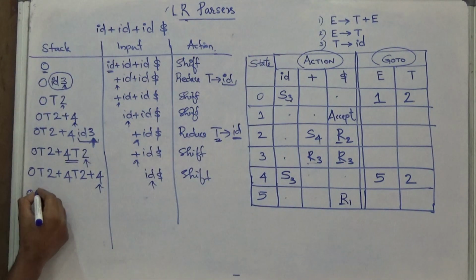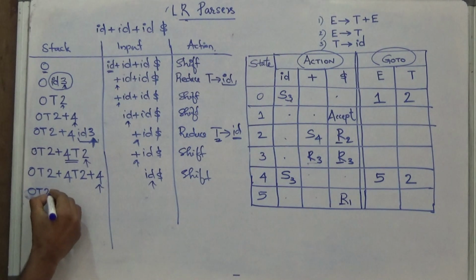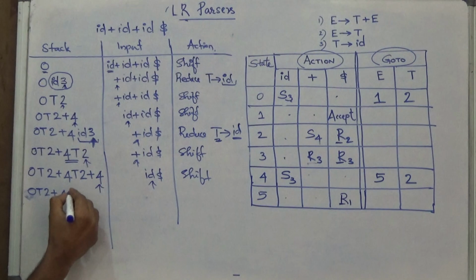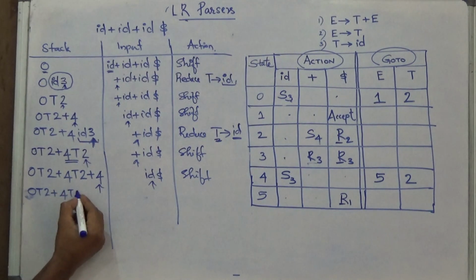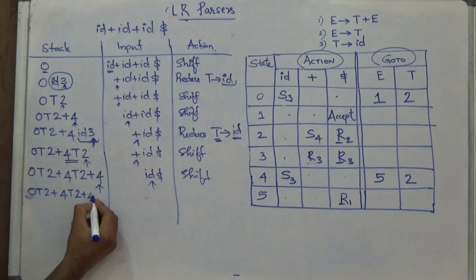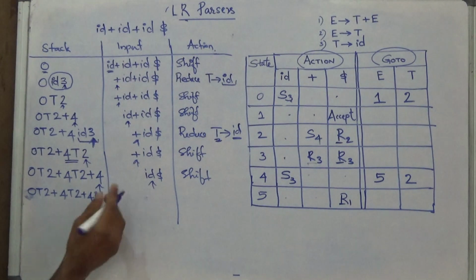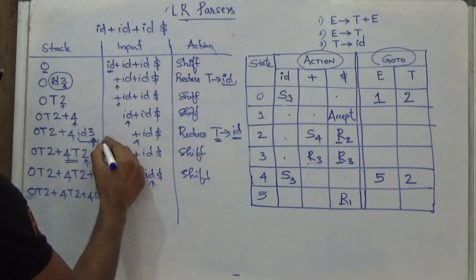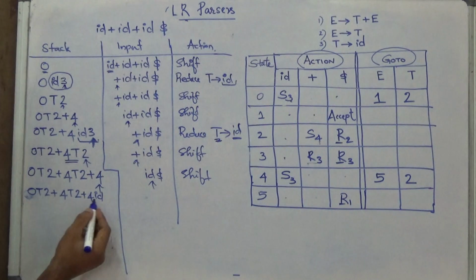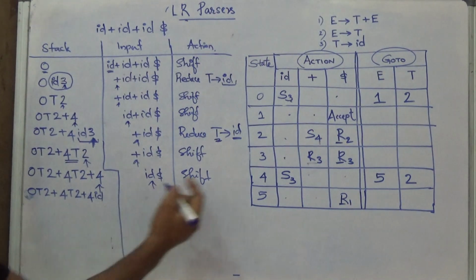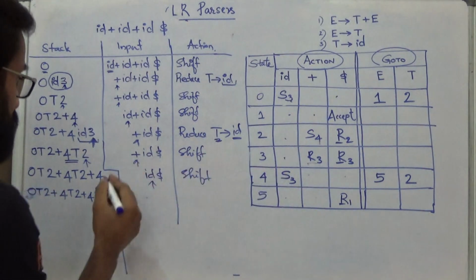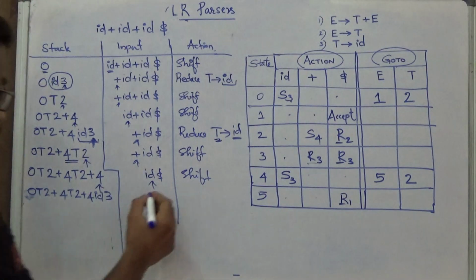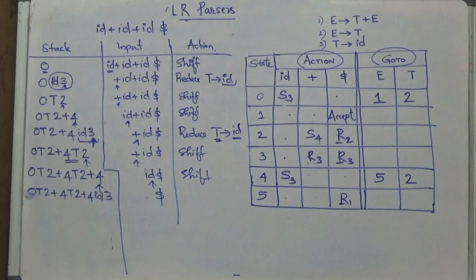So the content in the stack will be 0T2 plus 4T2 plus 4. ID will be pushed into the stack, followed by shifting 3 into the stack, and the remaining input is dollar.